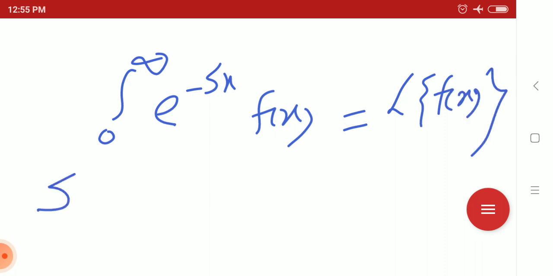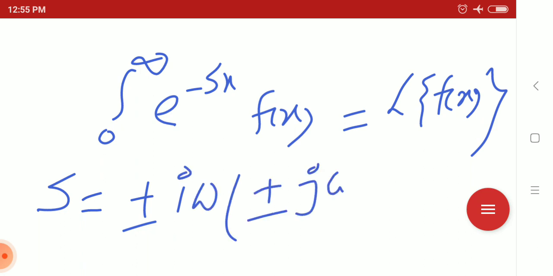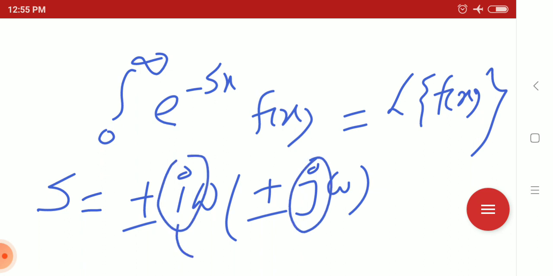Now suppose we put s equals plus minus i omega, or someone can write plus minus j omega, where i or j, whatever, is the imaginary quantity.